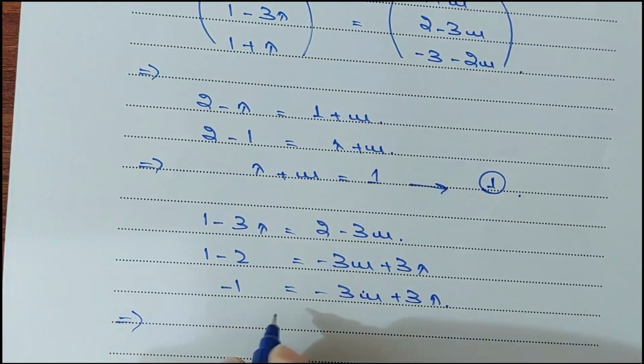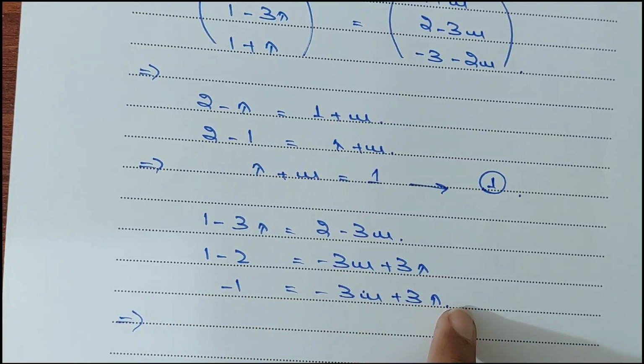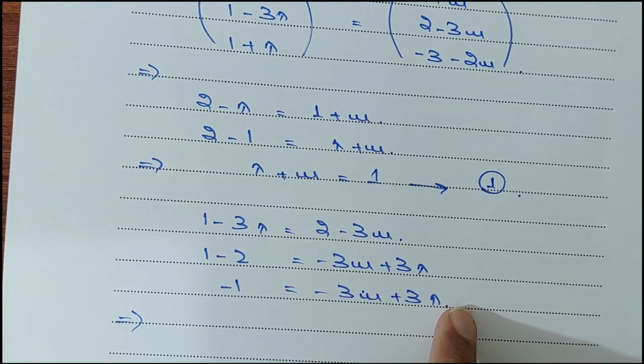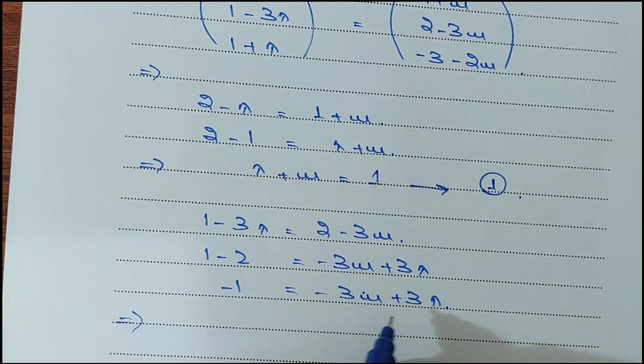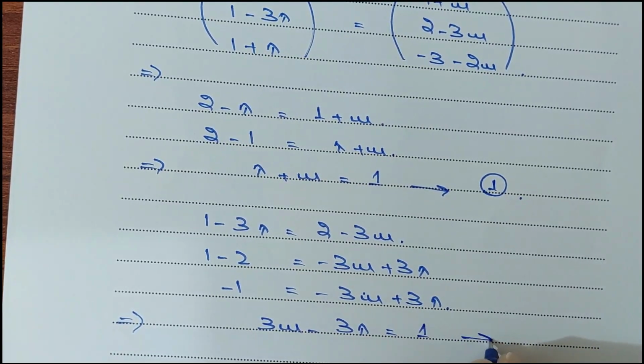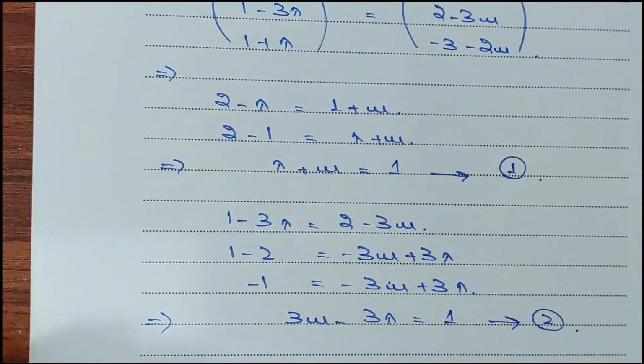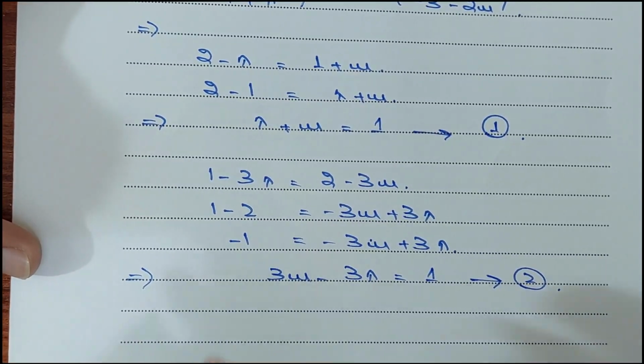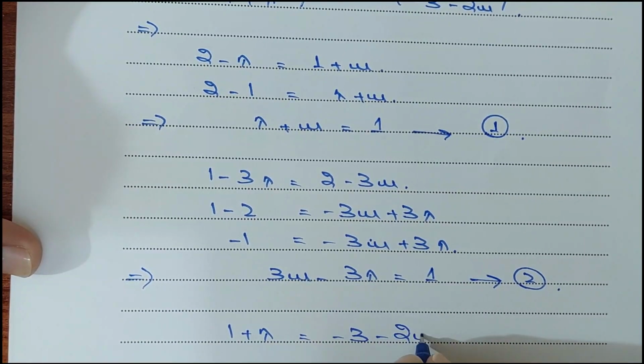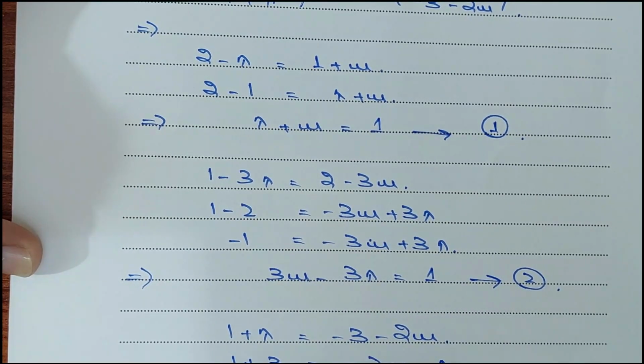Shifting terms to make it positive, 3 mu minus 3 lambda equals 1. This is my second equation. Now the third equation: comparing the third component, 1 plus lambda equals minus 3 minus 2 mu, so 1 plus 3 equals minus 2 mu minus lambda. 4 equals minus 2 mu minus lambda. This is my third equation.